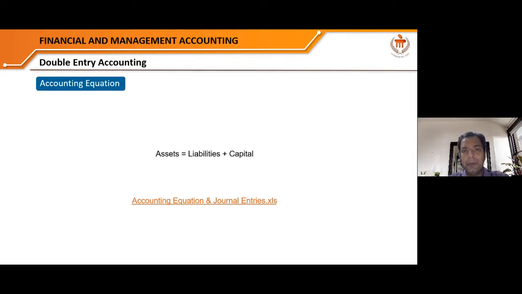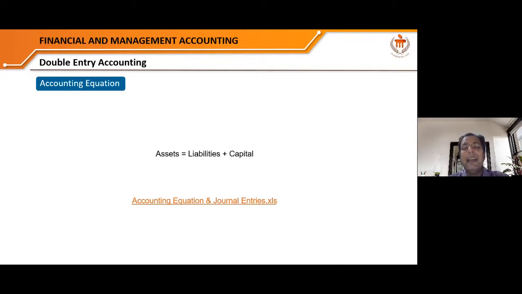I take a bank loan and arrange money for my business. Or I go to the creditor and say, you give me these goods and I'll pay you later. So I've arranged funding for my business. I've got some assets for which I was supposed to pay cash, but as I haven't paid that, that's again a liability for me.